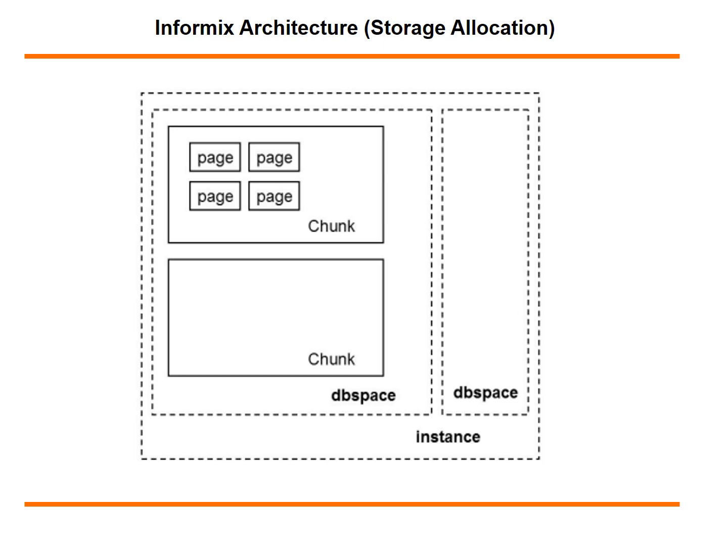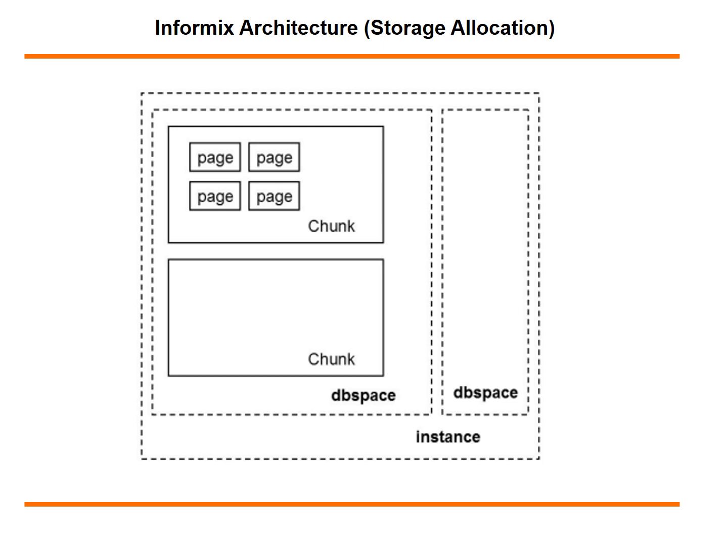So if you go to the Informix architecture in storage allocation, this whole thing is the instance. What is an instance? An instance is a combination of programs and memory used to access the metadata and application data stored in the physical files on the server. An instance has one or more DB spaces. One DB space has one or more chunks, and one chunk has multiple pages.